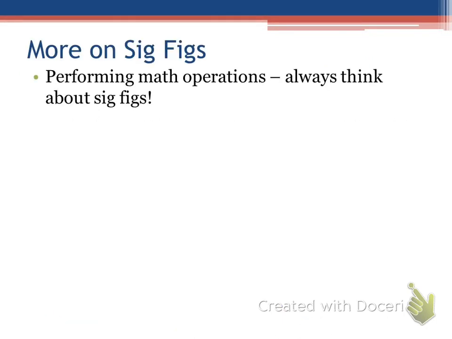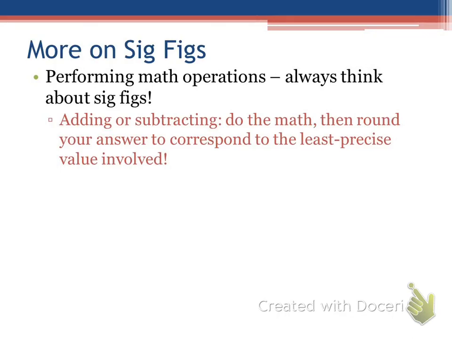Now we get into the part of the class where the math we do has to be significant figure oriented. You have to take significant figures, or sig figs, into account. So there are more rules. Today's all about rules. When you're adding and subtracting measurements, you add and subtract just like normal, and then you round your answer to the least precise value involved.